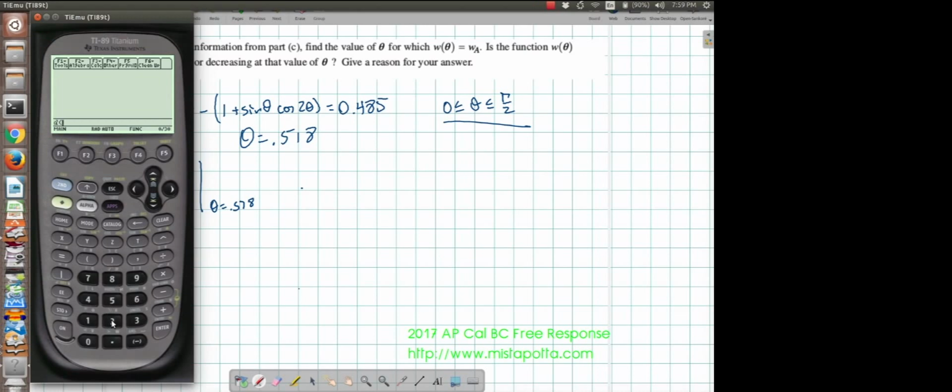Now I want to actually take the derivative of 2 cosine theta minus the expression 1 plus sine of theta times the cosine of 2 theta. And I'm going to want to take the derivative of this with respect to x. And I want to know what happens at x equals 0.518.